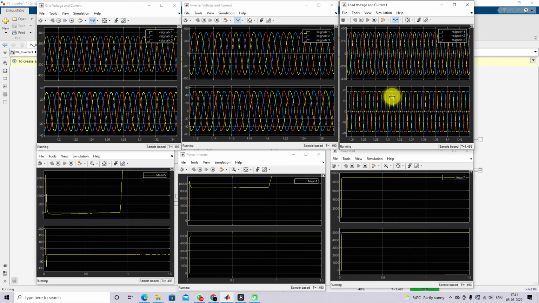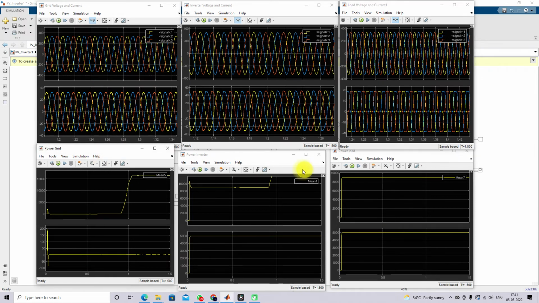But the load is a nonlinear load, so it will generate harmonics. In order to mitigate that problem, the inverter generates a compensation current so that the grid current is always sinusoidal. Okay, so here I'm going to explain the power of this system.